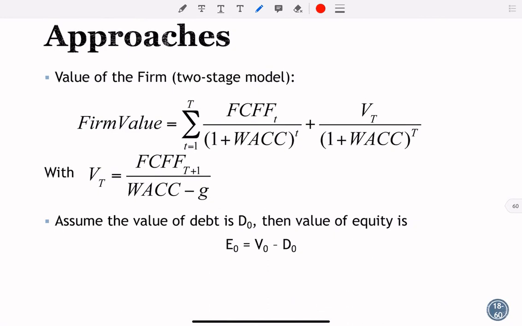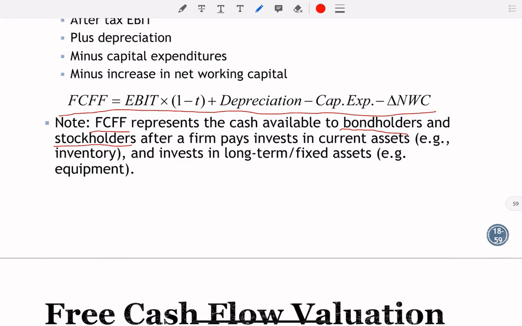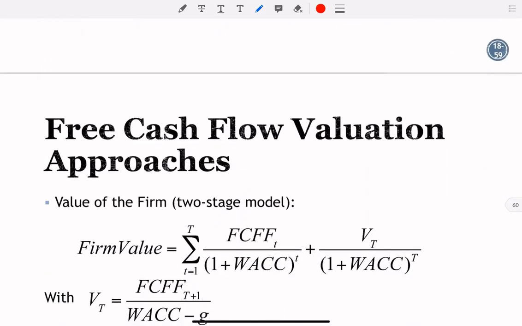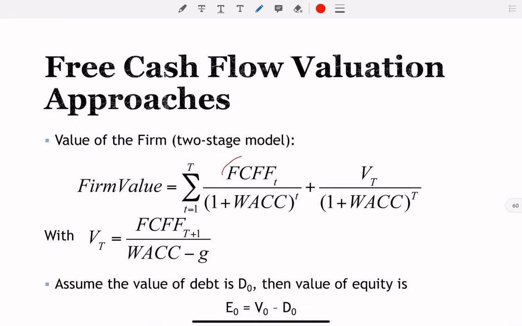Okay, I think I should briefly talk about how to calculate WACC, right? You can see the formula here. You're discounting this free cash flow to the firm with WACC. WACC is the short term for weighted average cost of capital. And again, this is a major topic in corporate finance too, right?